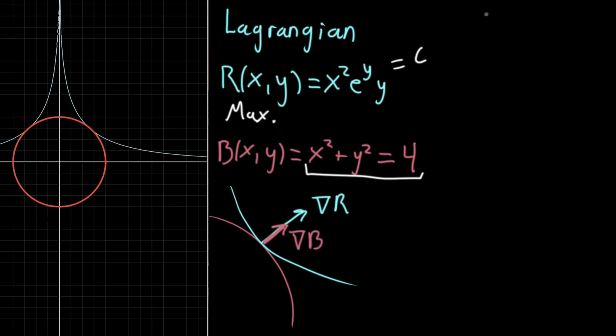And what this means is that if we were going to solve a set of equations, you compute that gradient of R, and it'll involve two different partial derivatives, and you set it equal not to the gradient of B, because it's not necessarily equal to the gradient of B, but it's proportional with some kind of proportionality constant lambda.